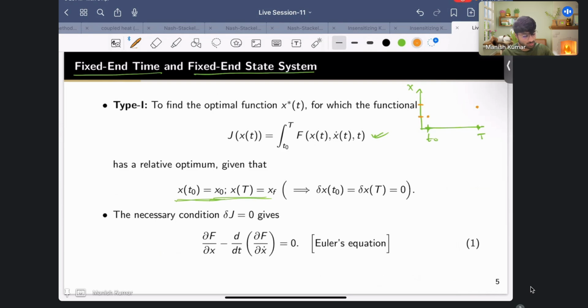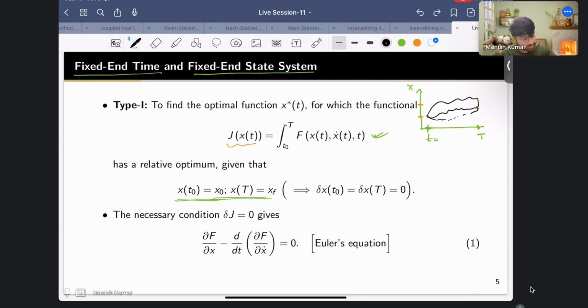So you have to just minimize these functionals over the set of functions which start at this point and end at this. Maybe you want to study functions like this, whether continuous or discontinuous, whatever. At t0 it should take this value and at T it should take this.